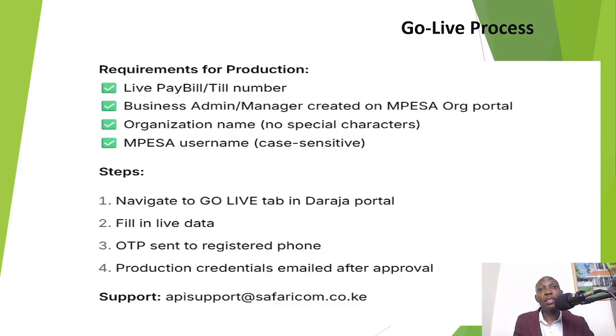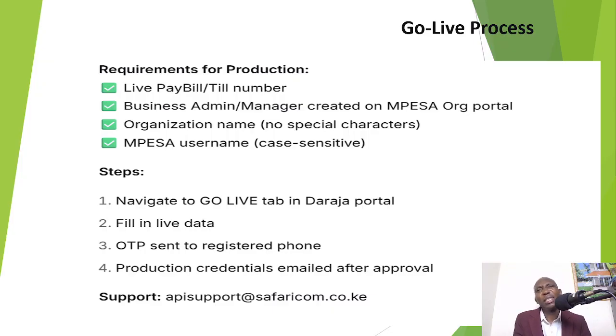I have done several. I have provided special characters in the organization name several times, and this impacted my go live journey. I was unable to go live on Daraja. Imagine spending nights testing, developing, testing, but then that night when you want to go live, you are unable to go live. Why?